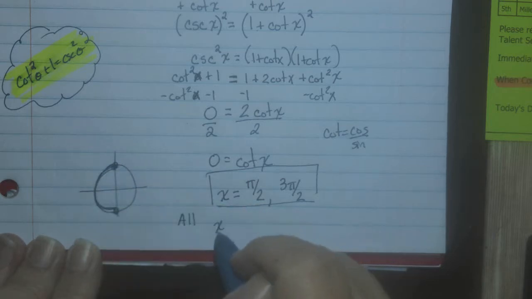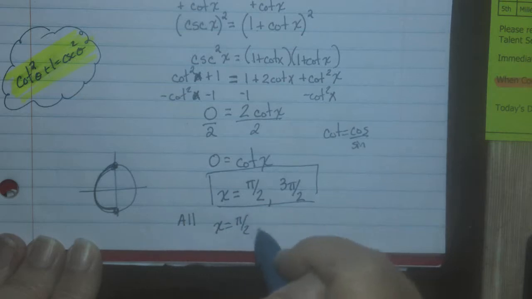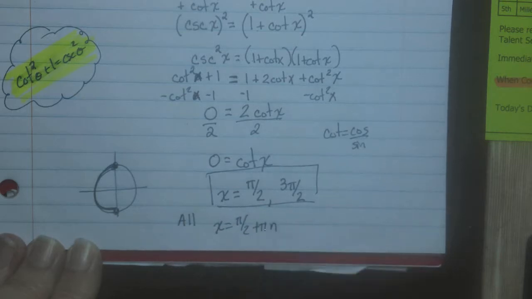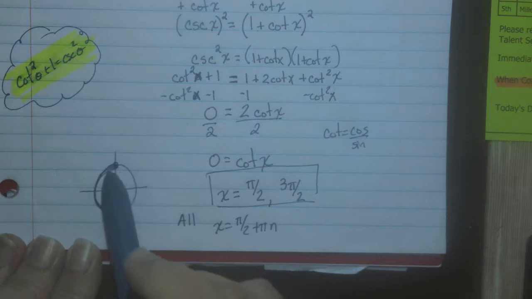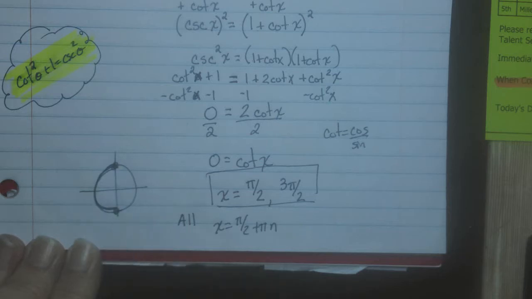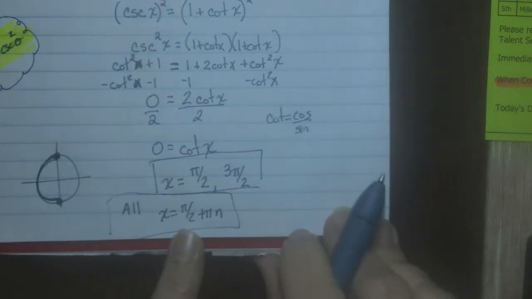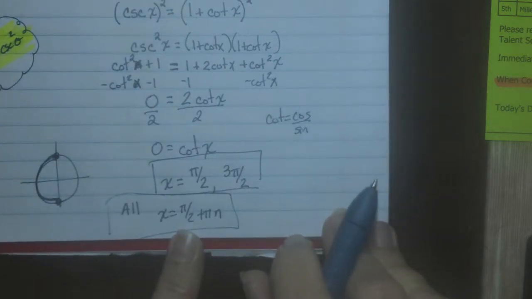So couldn't I say x is equal to pi over 2 plus pi n here? And then add pi, I'm at 3 pi over 2. And add another pi, and another pi, and another pi. And that's going to get me all my answers. Make sense?